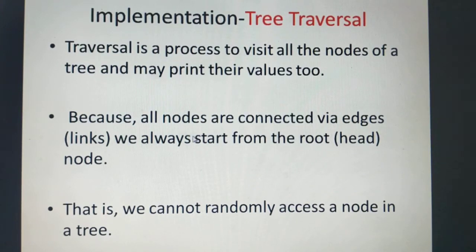Because all the nodes are connected via edges, the links, we always start from the root node, that is the main node, the head node. We always start from the root node, and hence we cannot randomly access a node in a tree.